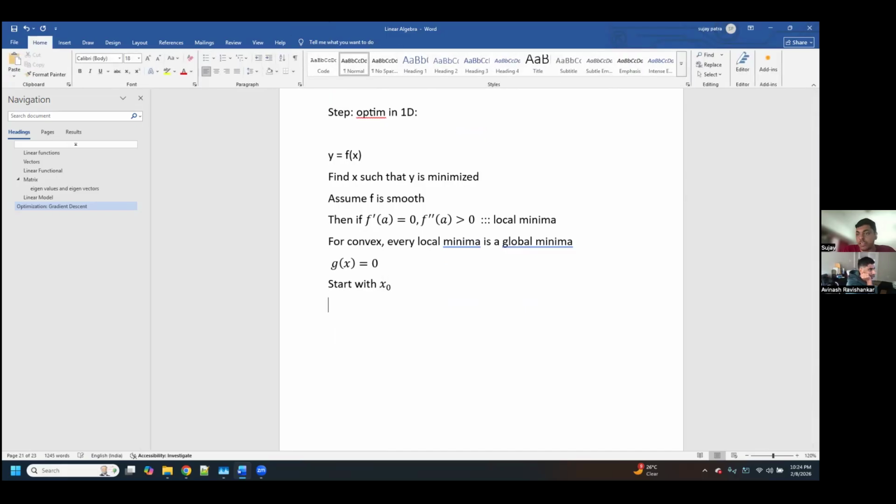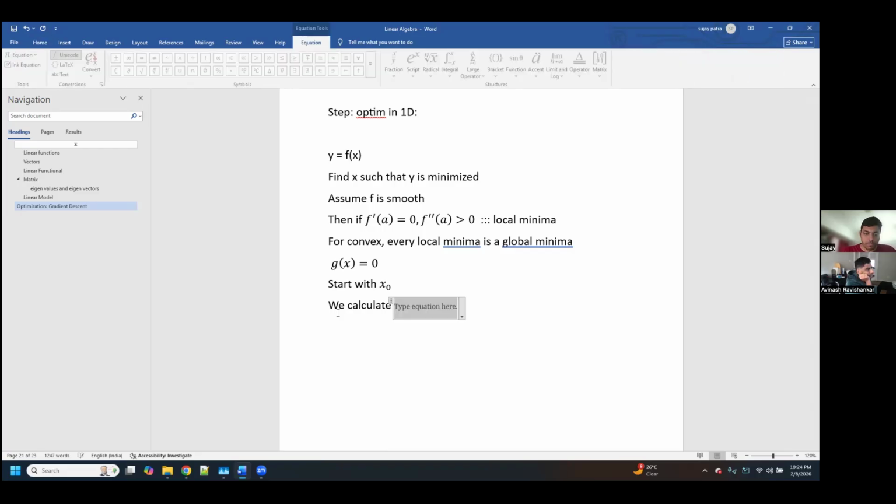It can be arbitrary, or based on some prior knowledge or information already given to you. Then we calculate g of x naught and we calculate g prime of x naught. Let's say we know how to calculate these two things.